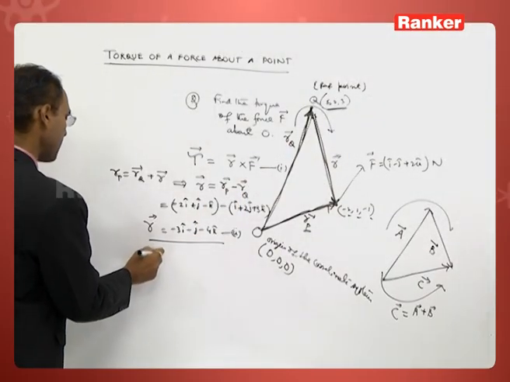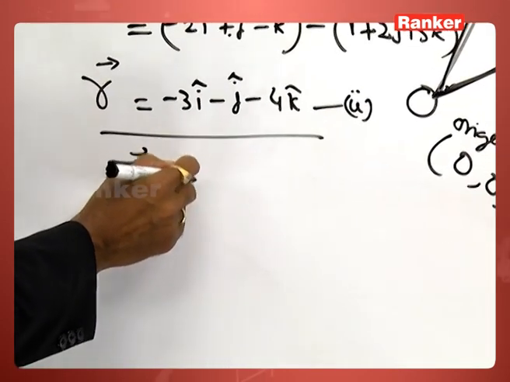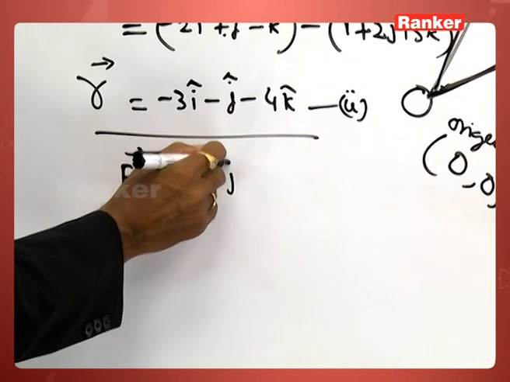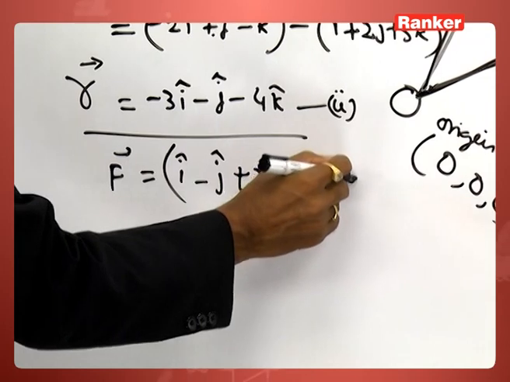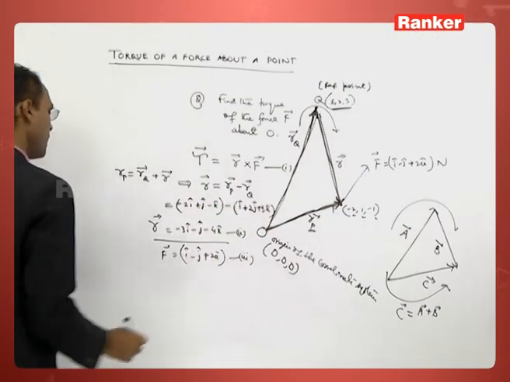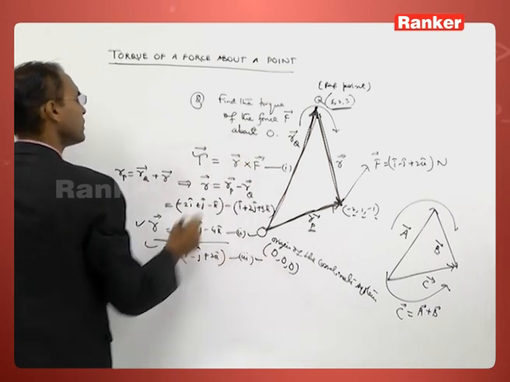And the force vector is given as i cap minus j cap plus 2 k cap. Substitute R and F from equations 2 and 3 in equation 1.